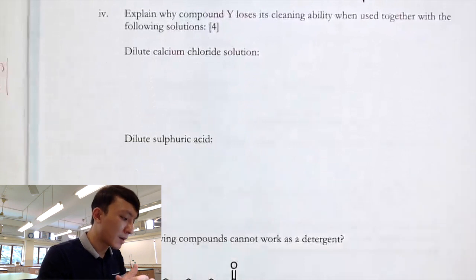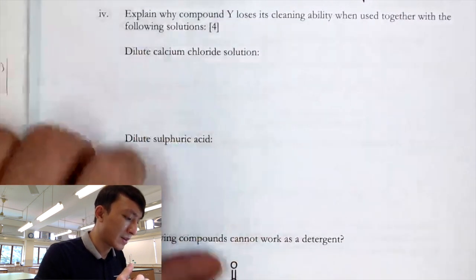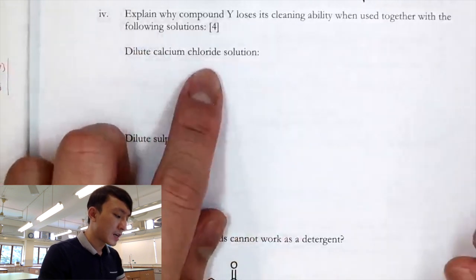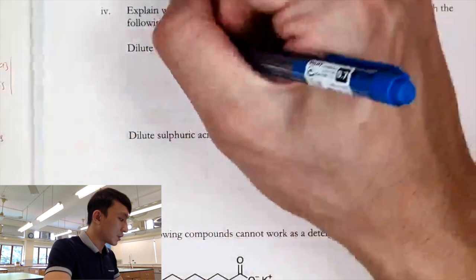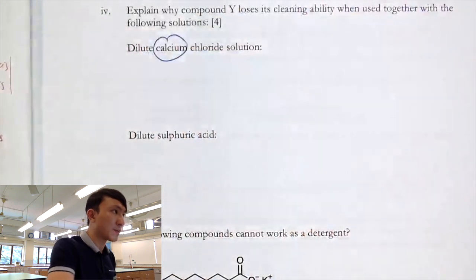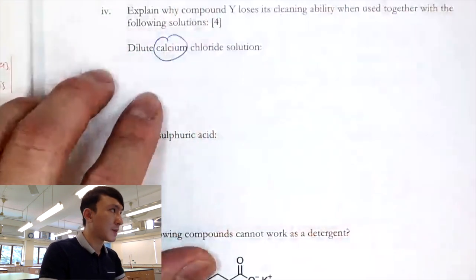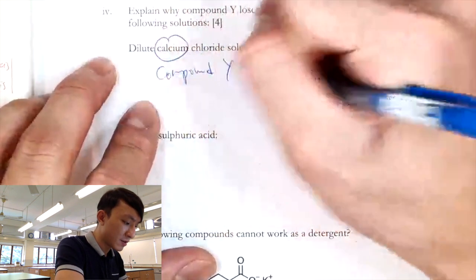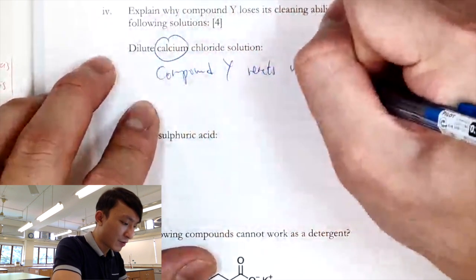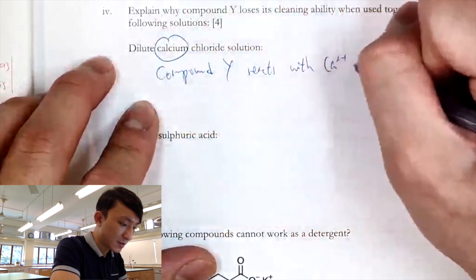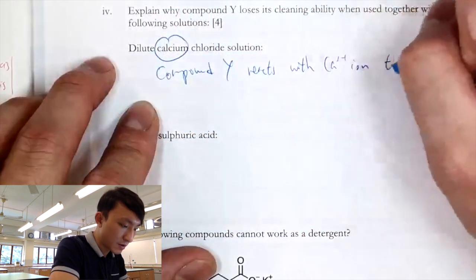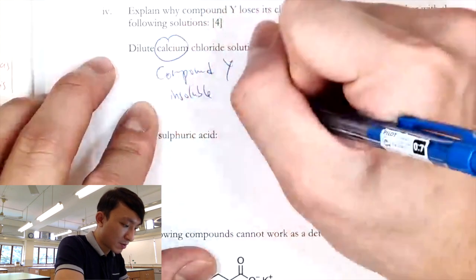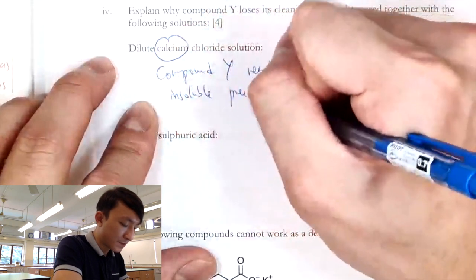Now 4, explain why compound Y loses its cleaning ability when it is used together with the following solution. So if it is used with calcium chloride, the key is it has a calcium ion here. So we would say compound Y reacts with calcium 2+ ion to form insoluble precipitate.